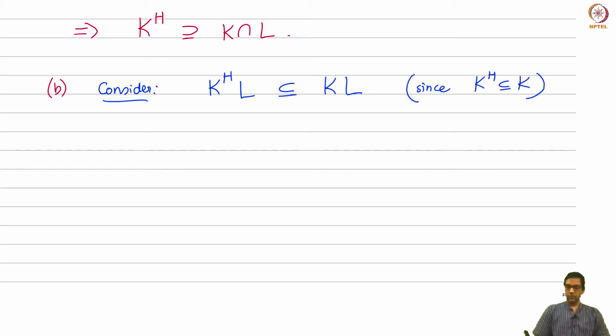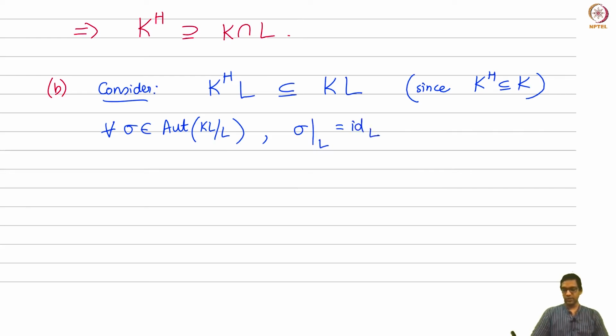Now let's do the following. Let's take all elements sigma of the big Galois group. Well, sigma fixes L pointwise. In other words, sigma on L is of course the identity on L.